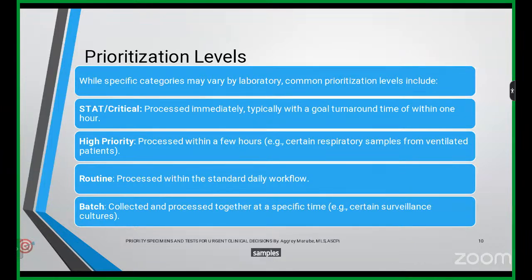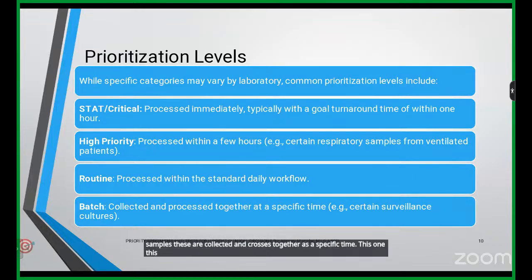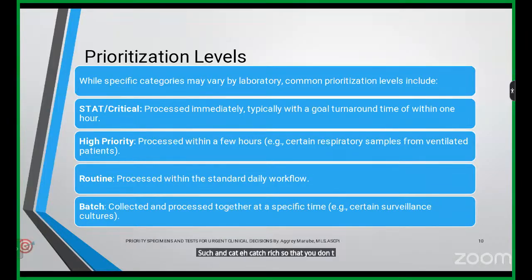These are collected and processed together at a specific time. These batch samples usually have to meet a certain number, for example, to fit a certain cartridge so that we don't waste resources, we don't waste extra tests.